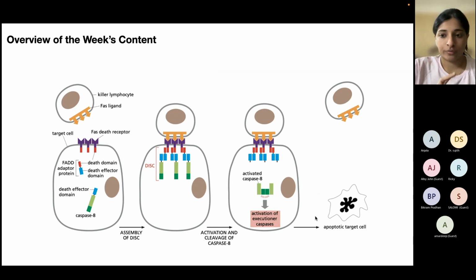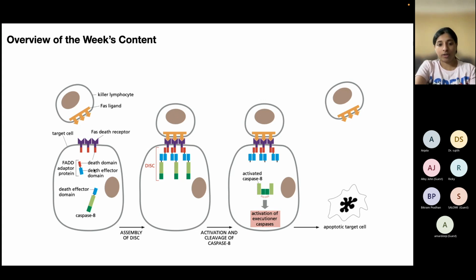So there are two types of apoptosis activation. One is extrinsic activation and one is intrinsic activation. We look at both of them one after the other. What is shown here is the extrinsic mode of activation. Here there is a lymphocyte that has a Fas ligand. Your target cell expresses the death receptor that binds to this Fas ligand.